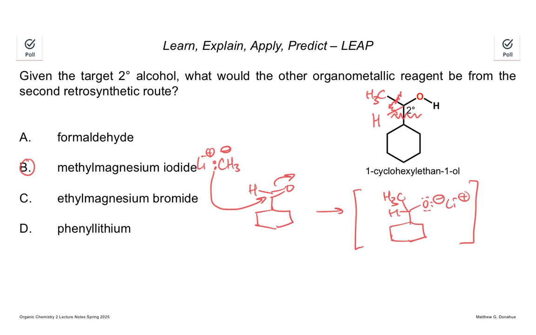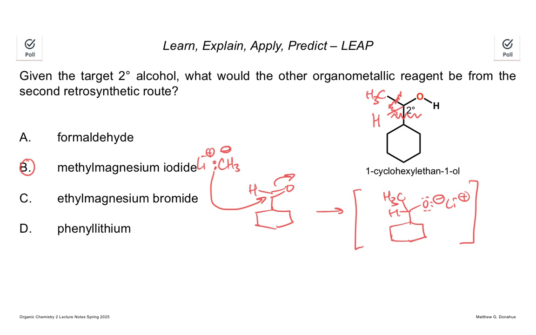I guess in terms of doing it in the lab, typically you have your empty flask, you add your solvent, then you add your electrophile. You probably have to cool it, and then you add your nucleophile. You let it run, and at some point you say, okay, the starting material has been consumed, and now we're going to adjust the pH.